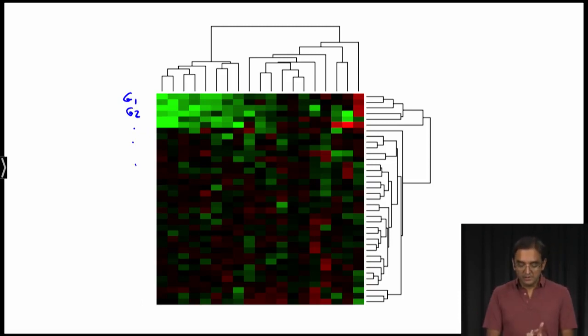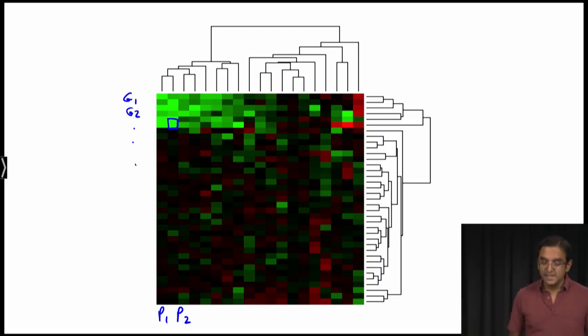And along the horizontal axis, we have different samples, which were, say, drawn from different patients. Okay, so maybe this is person 1, person 2, etc. Now, each pixel, if you look at a given pixel over there, that represents how strongly that gene was expressed in the sample from that particular person. Okay, and the range is from bright green to bright red.